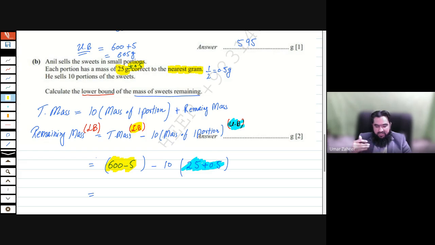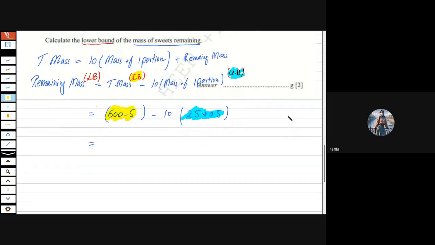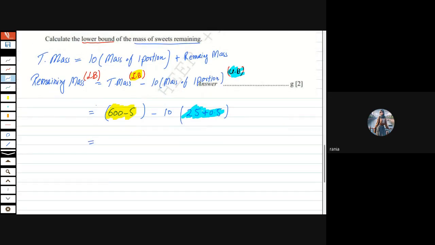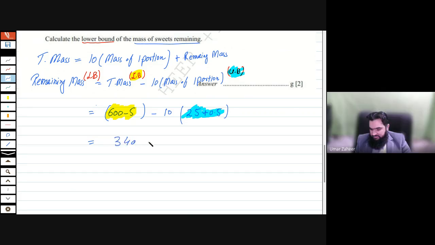For upper bound, I have to add 0.5. For lower bound, I will subtract 0.5. Okay, sir, 340. Yes, 340 grams is the final answer. It is clear?